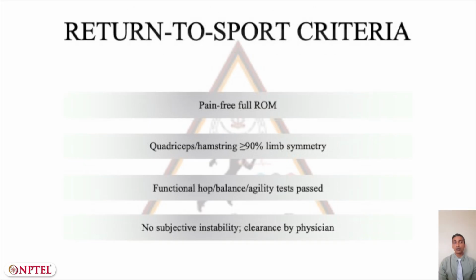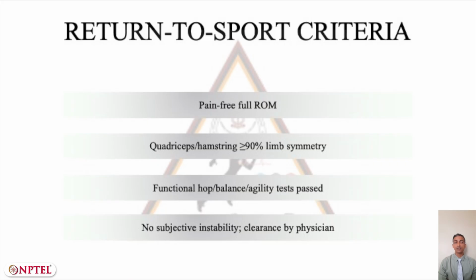Return to play or return to sport requires meeting strict criteria. Full pain-free knee range of motion, quadriceps and hamstring strength to be more than 95% of the opposite uninjured limb, and successful completion of functional hop and agility tests.